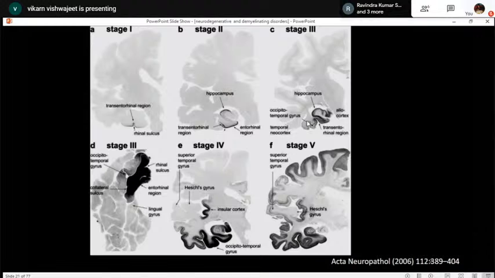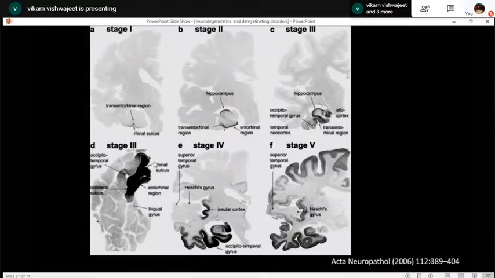In stage 3, the entire basal surface of the temporal lobe with severe involvement of the entorhinal cortex is noted, and the pathology extends into the adjacent neocortex, bordered by the occipitotemporal gyrus laterally and the lingual gyrus posteriorly. So this is stage 3.